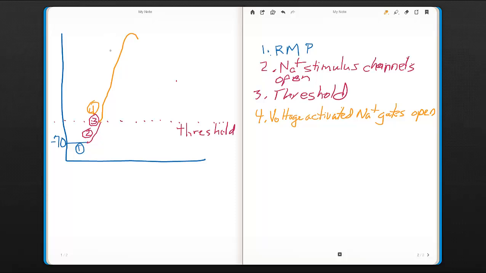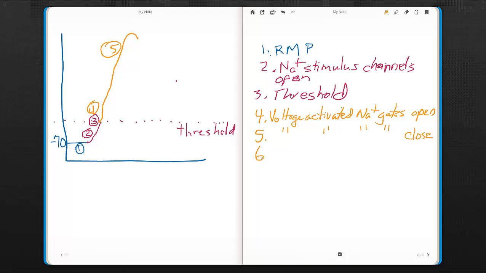Alrighty, and then we hit step 5 up here, which is the voltage at which they begin closing. And so I can just use ditto marks, which means copy the word above it. And instead of these guys opening, now we're seeing them close.